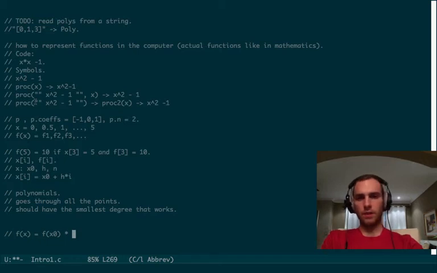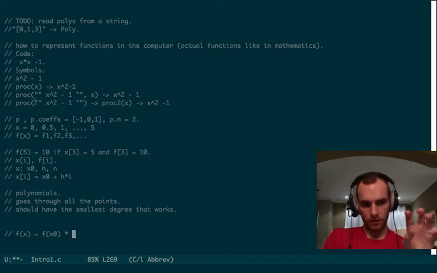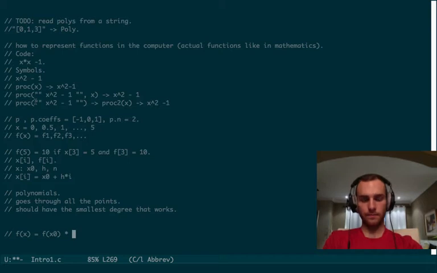But a simple expression: you want it to be equal to f of x0 when x is equal to x0, right?